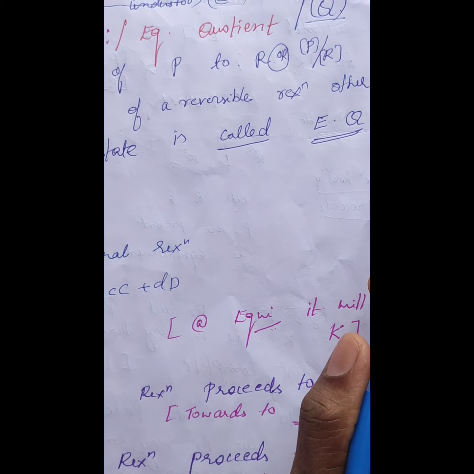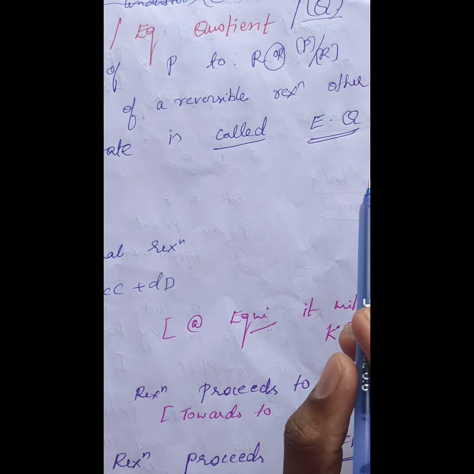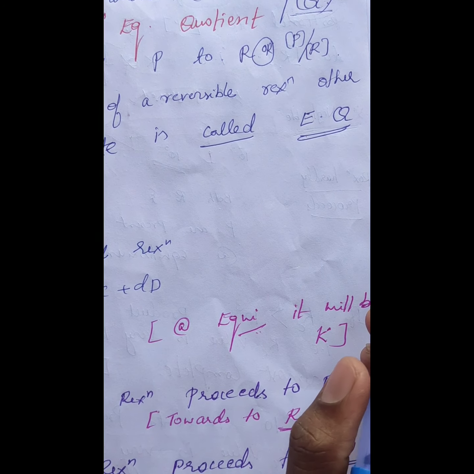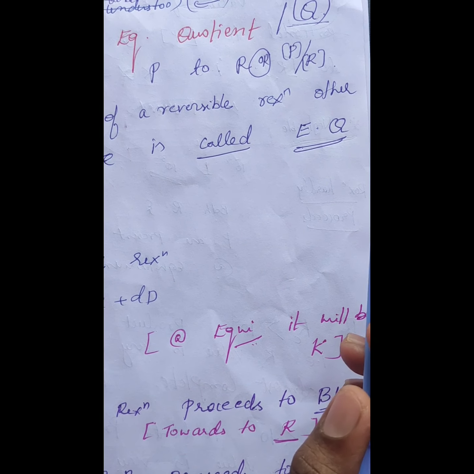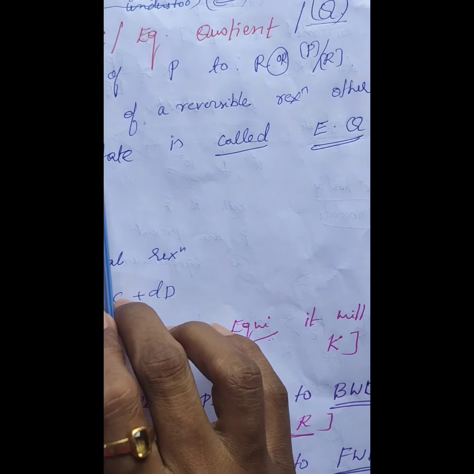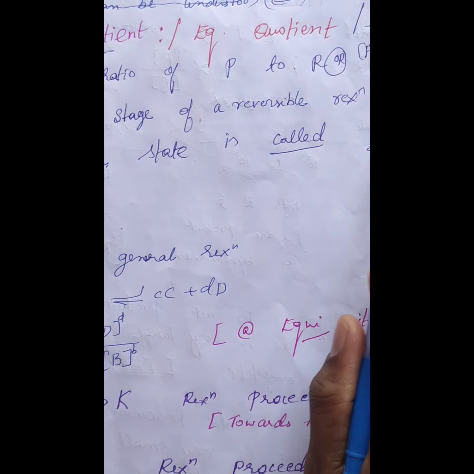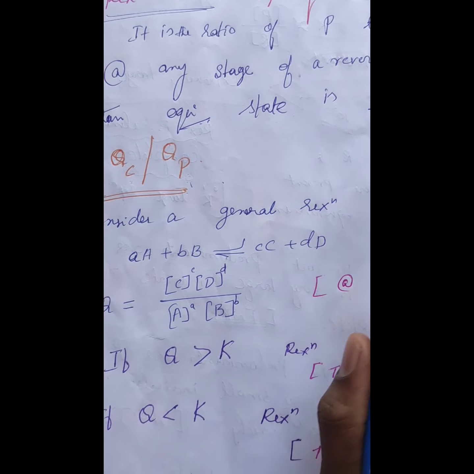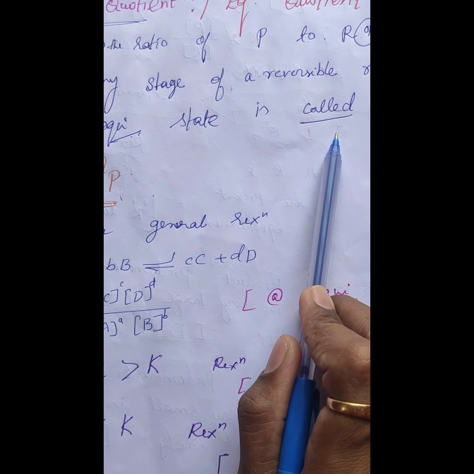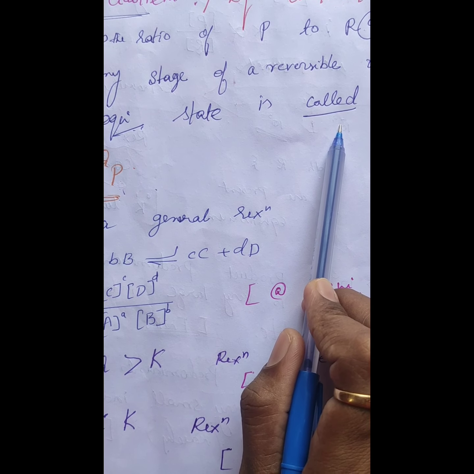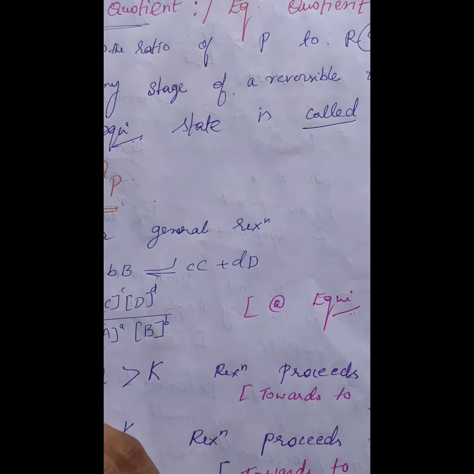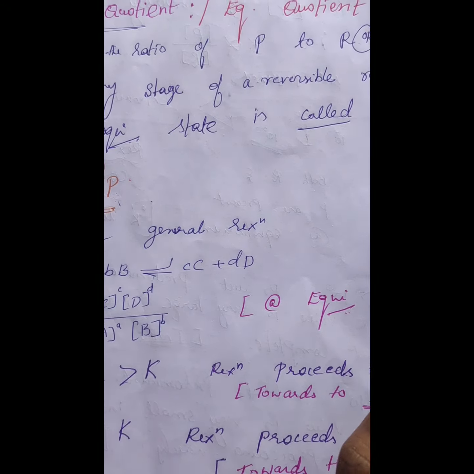Children, you should remember it is the ratio of product to that of reactant at any stage of a reversible reaction other than the equilibrium state. In a reversible reaction, the stage where the forward reaction becomes equal to the backward reaction is called the equilibrium state.